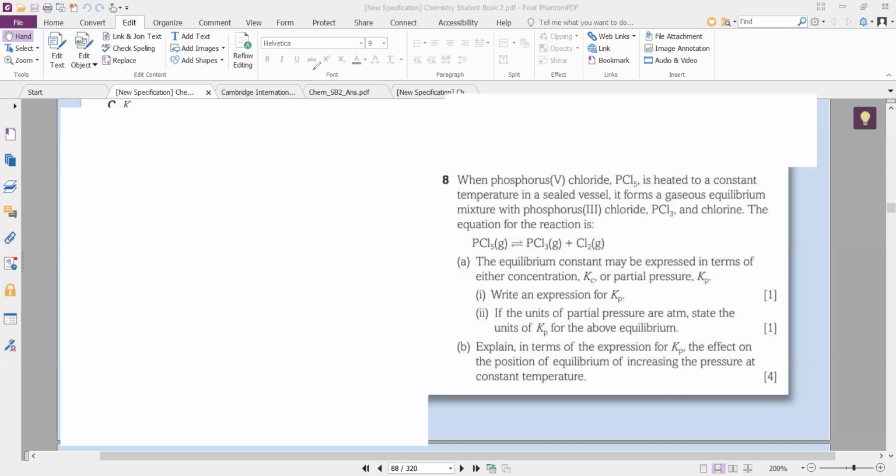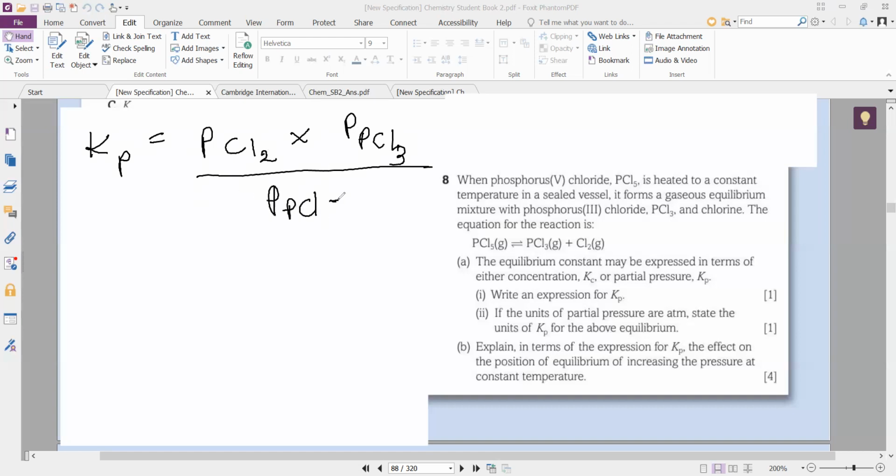KP expression. Units will be ATA. Explain in terms of equilibrium expression.